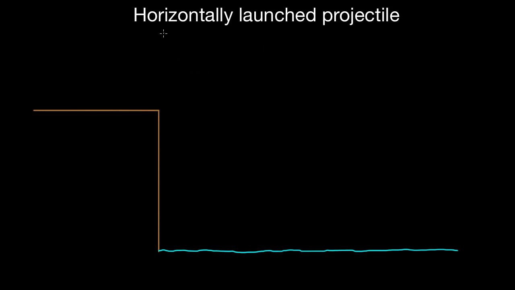What we mean by a horizontally launched projectile is any object that gets launched with a completely horizontal velocity to start with. So if something is launched off of a cliff in this straight horizontal direction with no vertical component to start with, then it's a horizontally launched projectile. What could that be? A boring example is just a ball rolling off of a table.